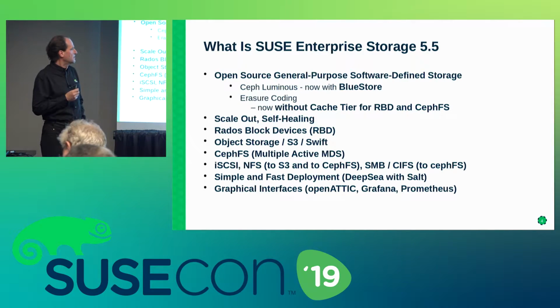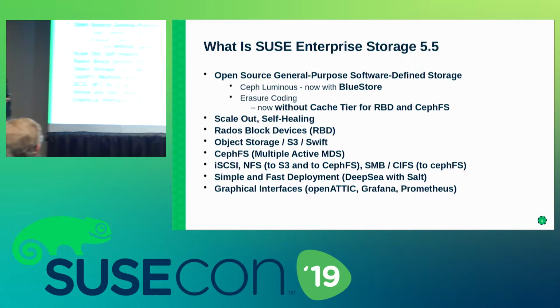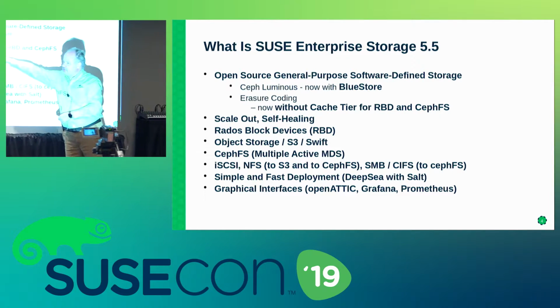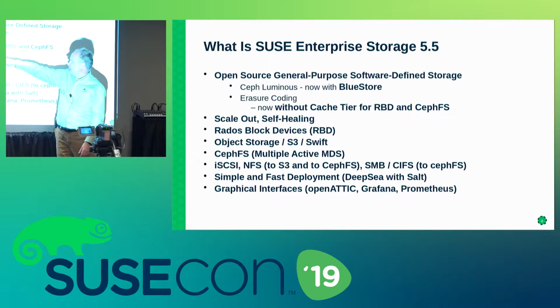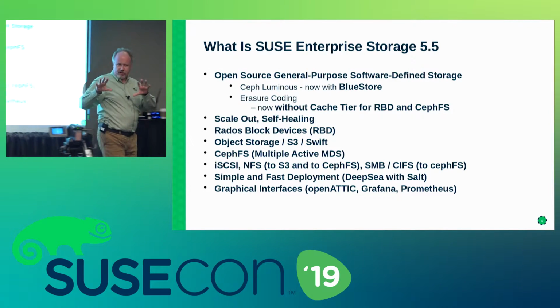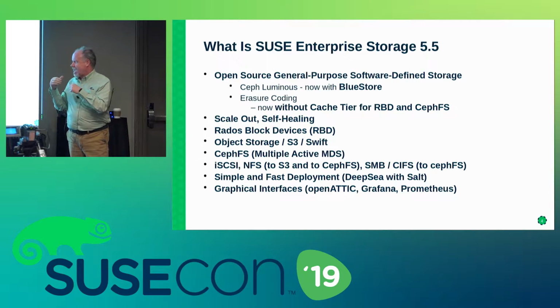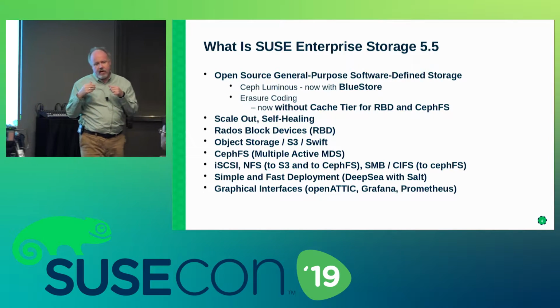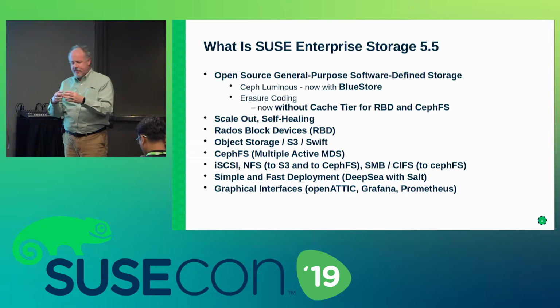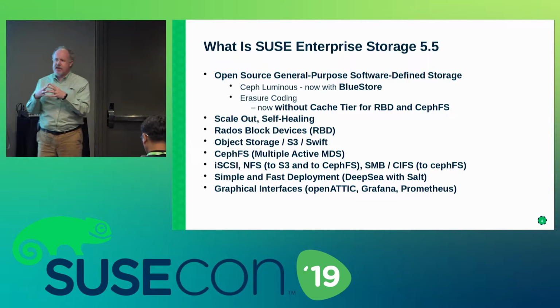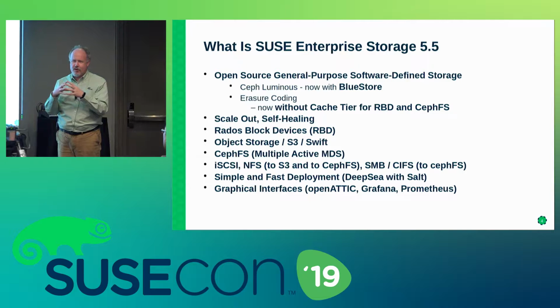Can I say something there about that, Martin? Historically, as Martin said, if you wanted to do erasure coding for RBD, you needed this cache tier. Some customers historically have got themselves in trouble with this, because the problem with doing cache tiers is that all your active data kind of has to fit in the cache tier.